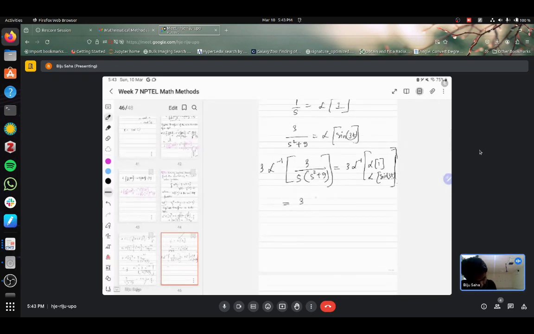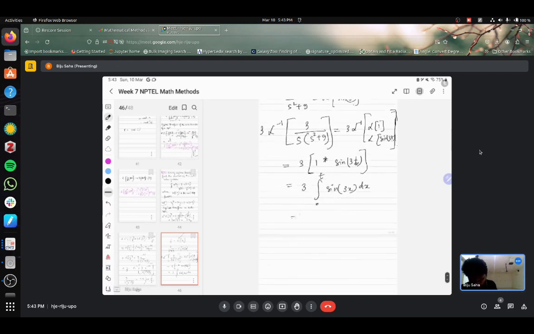This will be equal to 1 convoluted with sine 3t. If you use the definition of convolution, one function is just a constant, so mainly you will have just the integral of sine 3x dx. After carrying out the integration you get this.